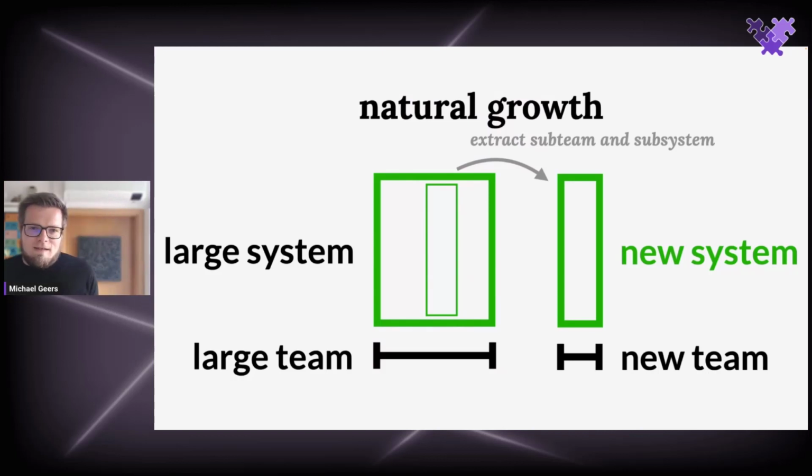Okay, and the most common pattern for growing is some kind of natural growth scenario. If you have a team and you notice the team is getting larger and larger, and the system the team builds also is getting larger and larger, it might be wise to watch out for subsystems in the larger system that emerge by themselves.